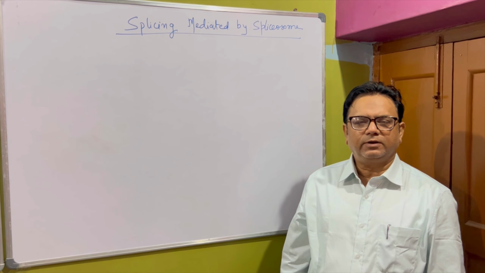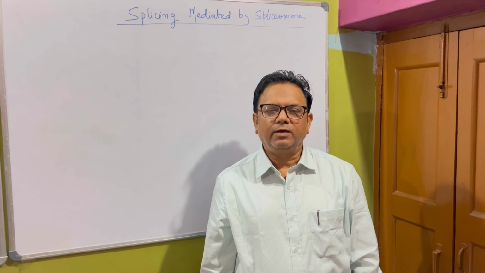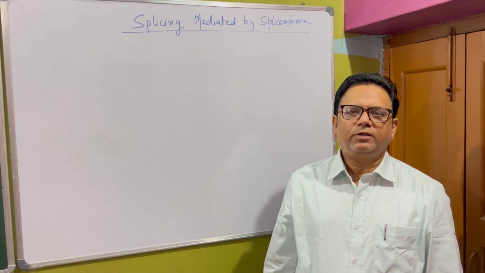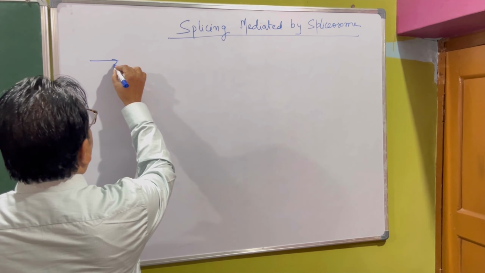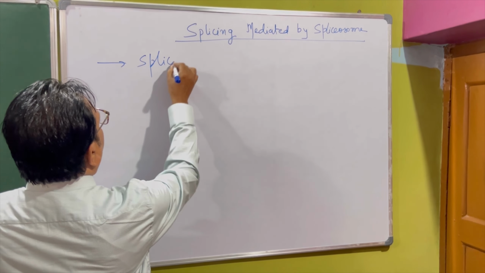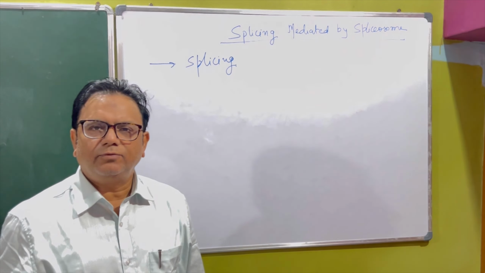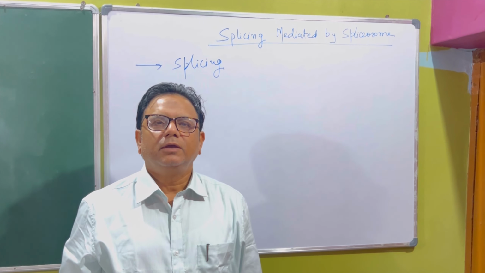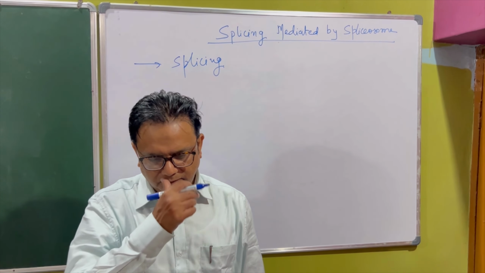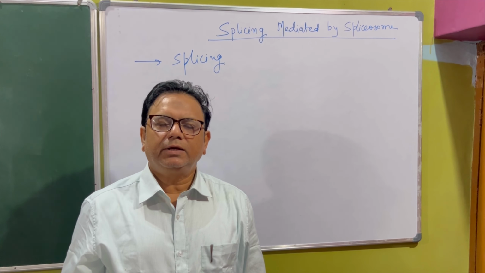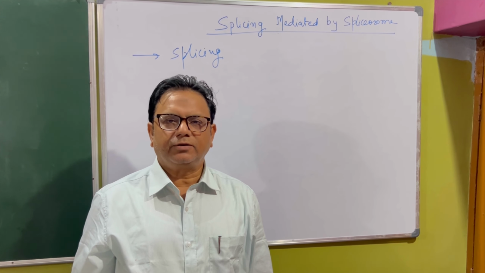Well, in this lecture I will give you an introduction of splicing mediated by spliceosome. Now, when you talk splicing, obviously, splicing of introns in eukaryotic mRNA precursor or primary mRNA transcript.